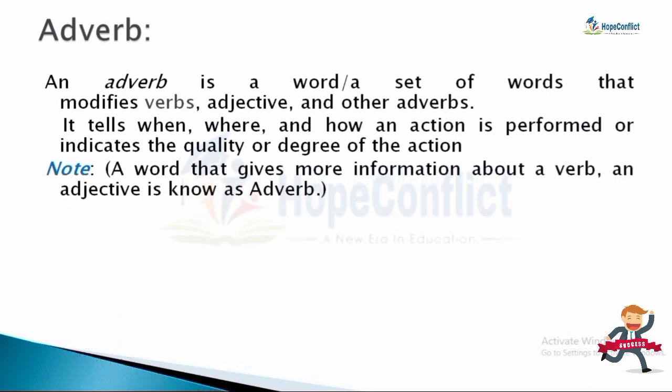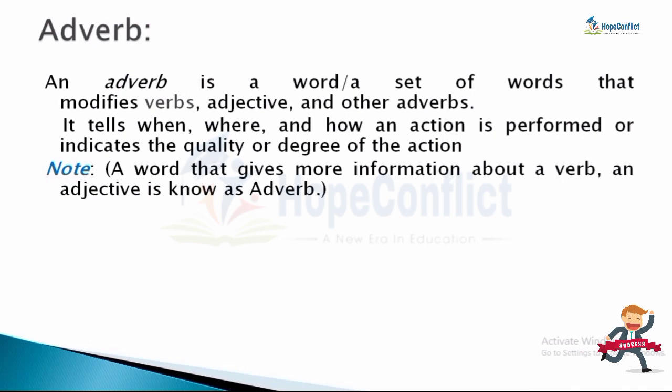So here is also a note which says a word that gives more information about your verb or an adjective is known as your adverb. So guys, the note says, जो भी वर्ड आपके वर्ब या फिर एडवर्ब के बारे में ज़्यादा इंफॉर्मेशन देता है, that word is known as your adverb.